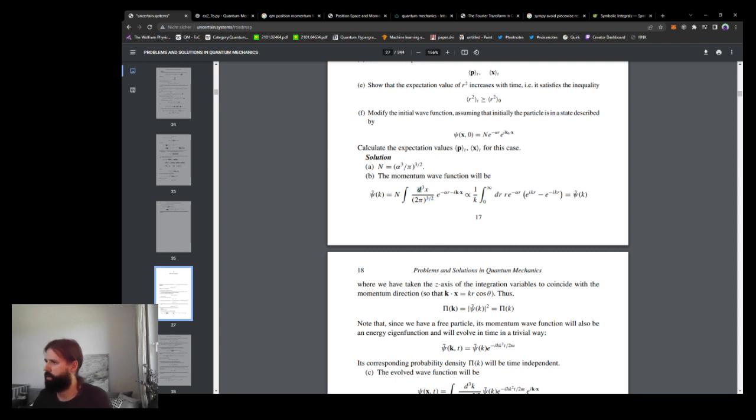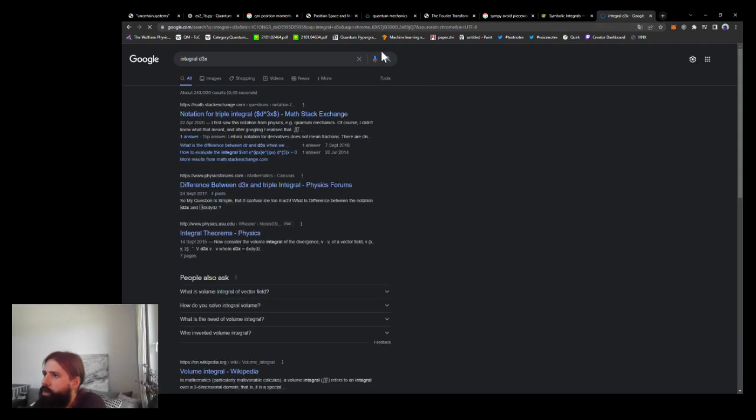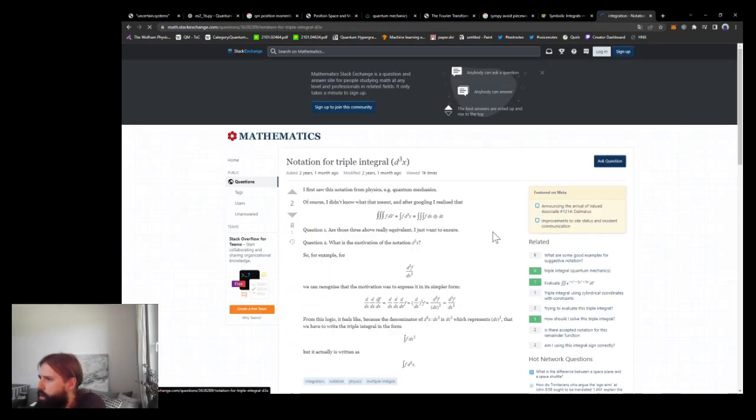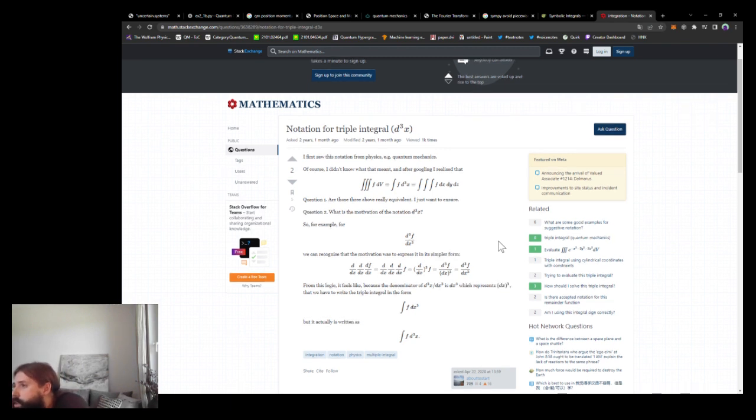And d3x. What is the integral d3x? Is this because of the 3 dimensions, for a triple integral? Oh, yes. Of course I didn't know what that meant, and after Googling I realized, okay.